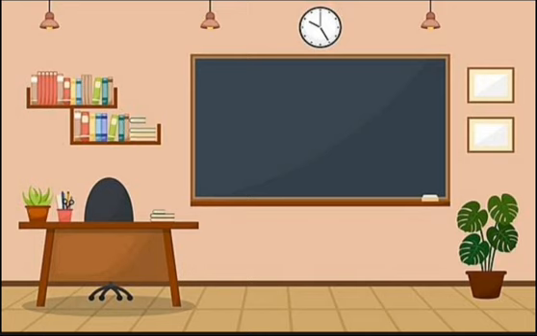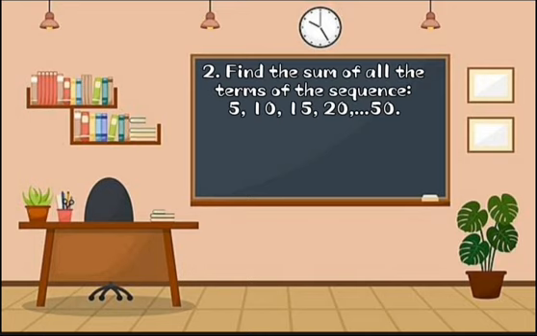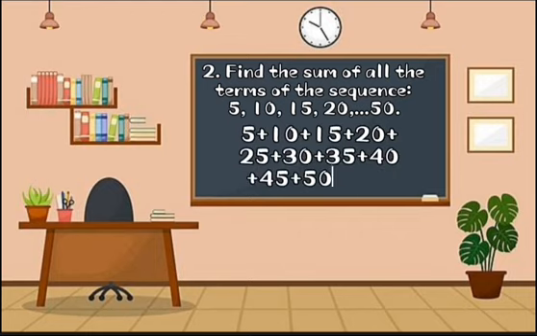Second, find the sum of all the terms of the sequence 5, 10, 15, 20, up to 50. By listing all the terms of the sequence and adding them, we have 5 plus 10 plus 15 plus 20 up to 50, and we came up with 275.